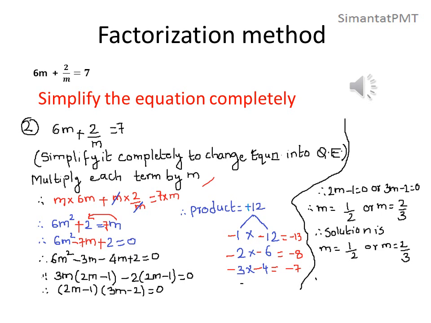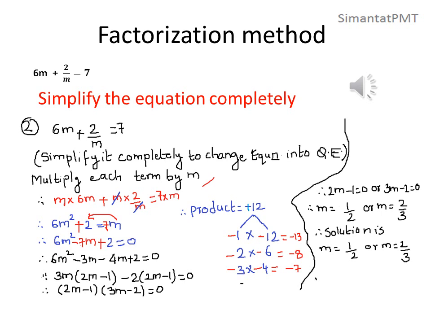But from the earlier slide, we understand that the middle term sign, in this case it is negative, goes to both the factors. So minus 1 minus 12, on applying the subtraction rules, we get minus 13. We need middle term as minus 7.